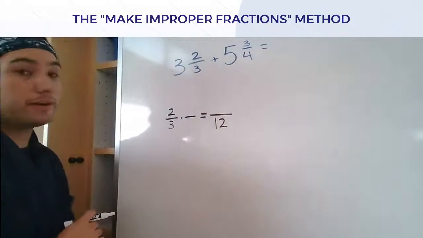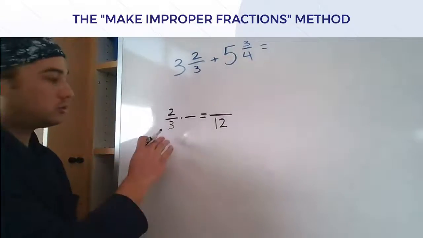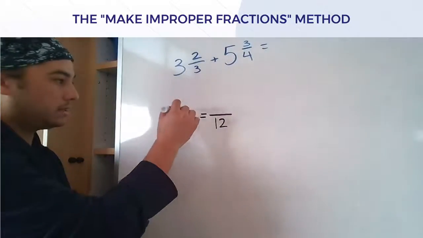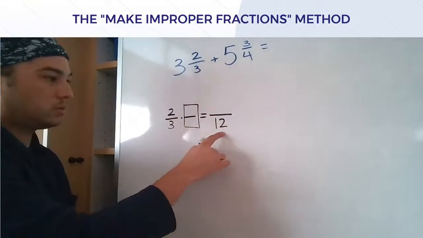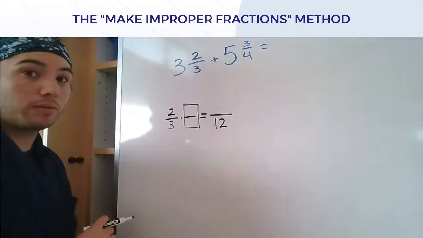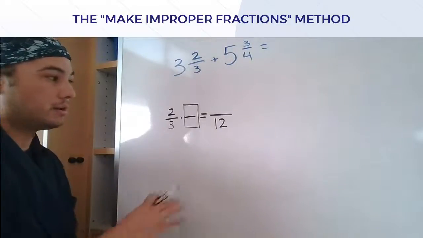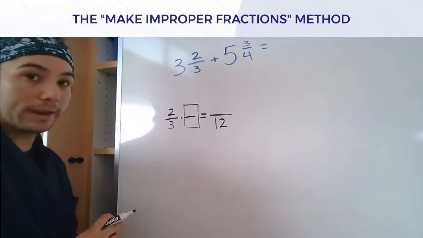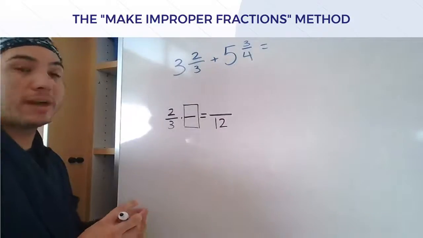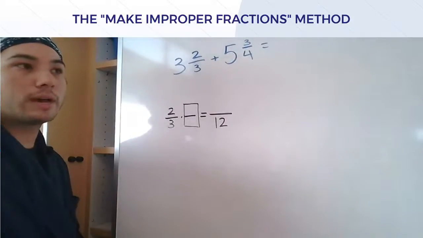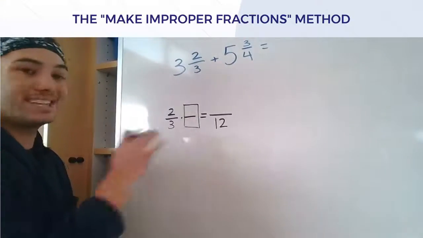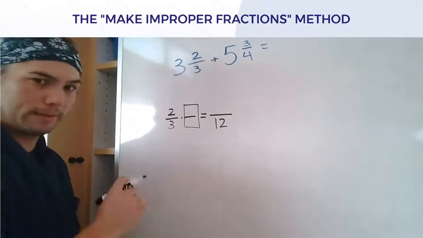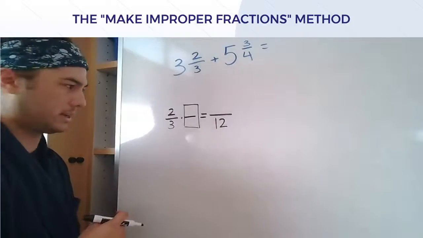It is very helpful to write it out like this. 2/3 times some equivalent of 1 equals some twelfths. If you know that 12 is going to be your common denominator, write it out in this format. Okay, the 5th grade mathematicians I'm seeing with kind of the most errors in this step, it's because the organization isn't there. So try it this way and see if that helps you stay organized.